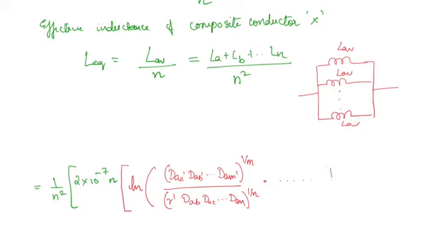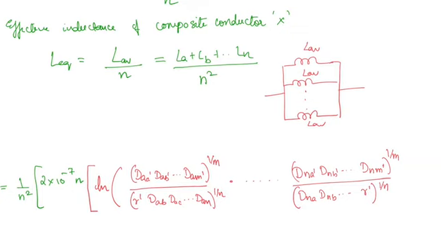Final term is going to be dna dash, dnb dash, so on till dnm dash, this is to the power 1 by m divided by dna, dnb, so on till dnn dash, which is nothing but r dash, to the power 1 by n. So this will be the entire expression.